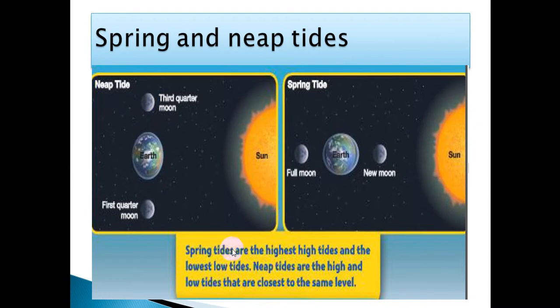So spring tides are the highest high tides. Why? As we said, because the sun and the moon both pull the water. And in these two areas we'll have the lowest low tide. Neap tides are the high and low tides that are closest to the same level.